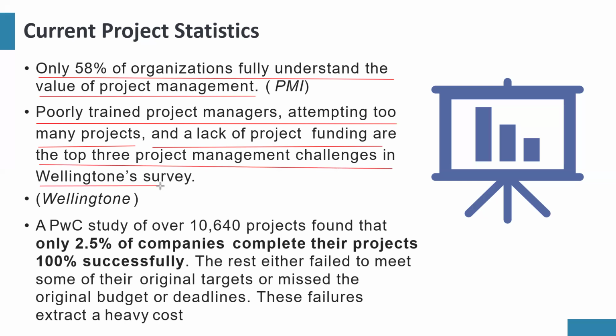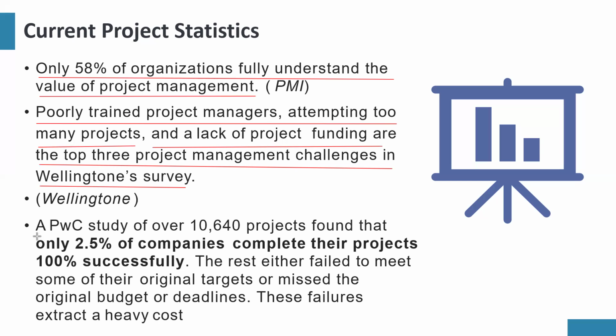So this explains why some projects fail. They are handled by people that don't understand how to manage projects, or poorly trained, or lack of project funding, or someone handling too many projects. These are the top three project management challenges.